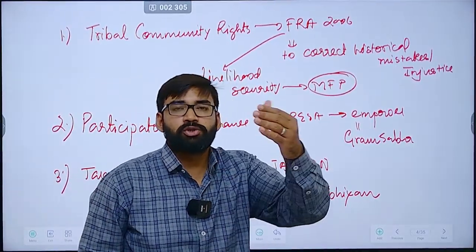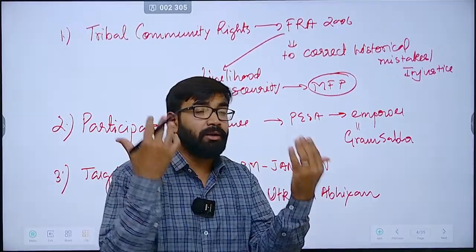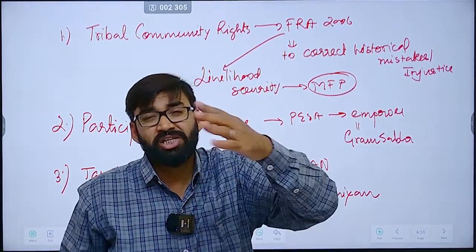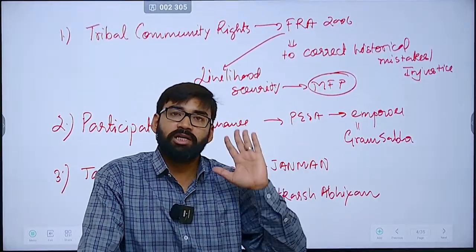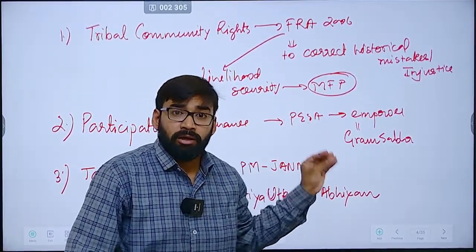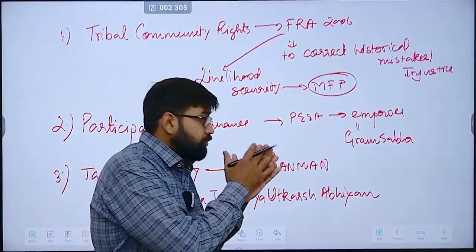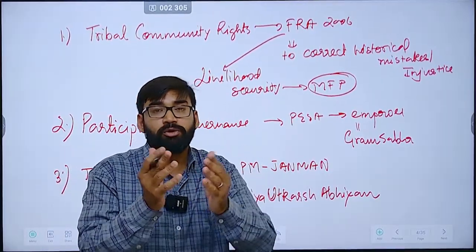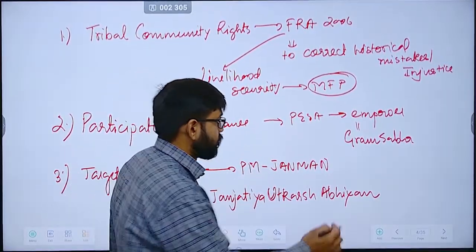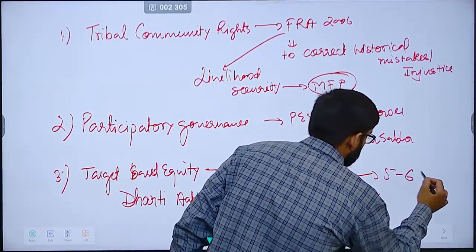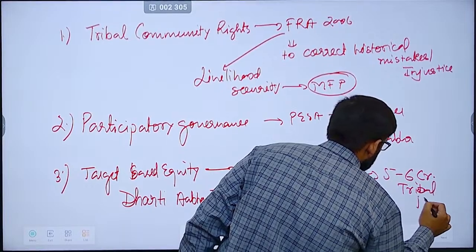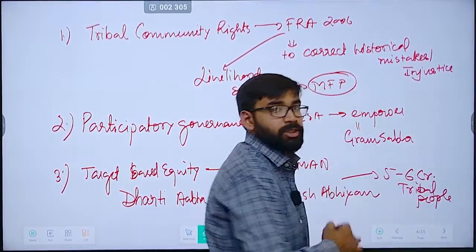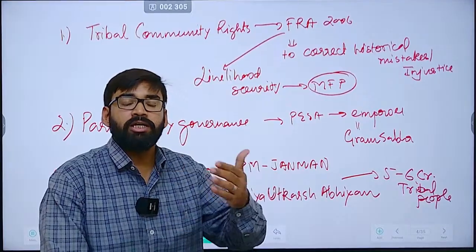In this you can mention the facts, if you are able to recall them, like around 63,000 tribal majority villages are there. And remember this, how many people got the benefit? You can mention 5 to 6 crore tribal people got benefit from this. Clear? So these things are there.